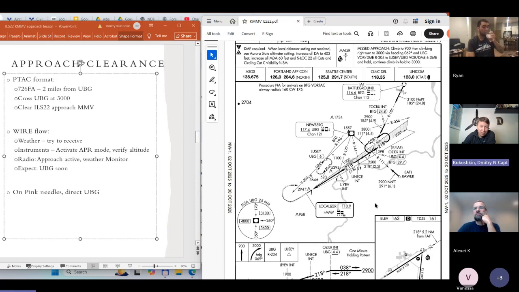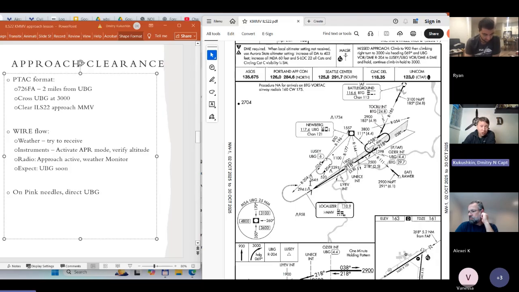There are a couple of exceptions. The two most notable that you have to remember: if you are on a charted path, feeder route, or a leg that says no PT, that is a no procedure turn.